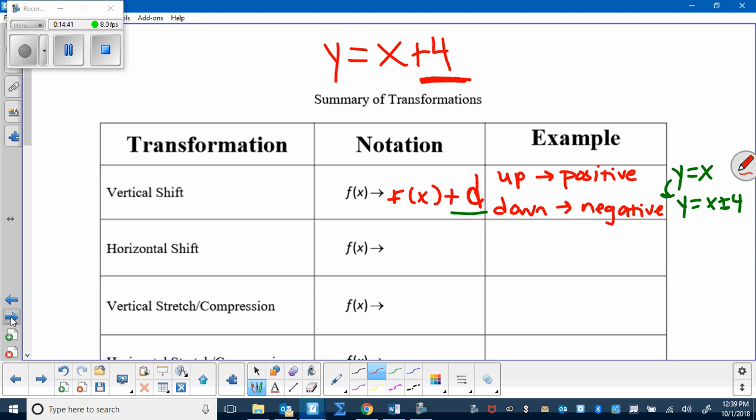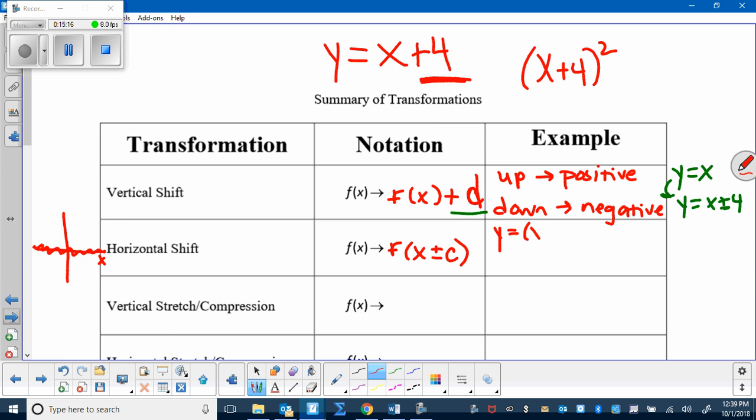Horizontal shift. Okay, so horizontal is your x-axis. Horizontal is always your x-axis right here. That's a horizontal line. So anything that's a horizontal shift is actually anything that has to do with x, and it is opposite of what you would normally think. So this would be f of x plus or minus c. Okay, so let's say you have (x plus 4) squared. Let me write that in the example box. (x plus 4) squared.